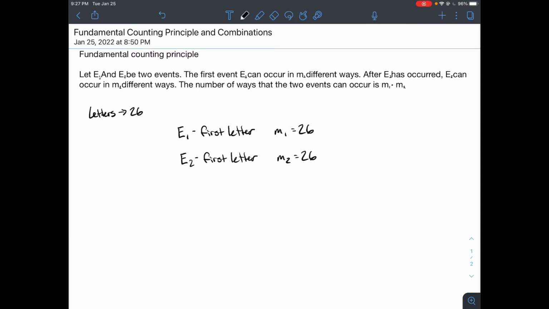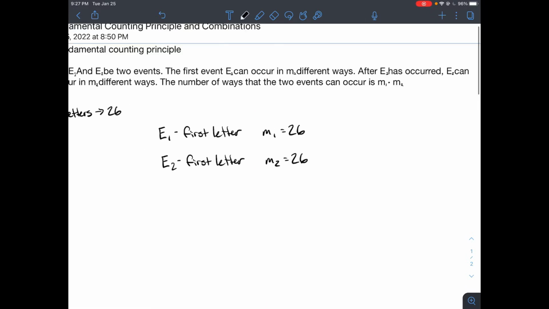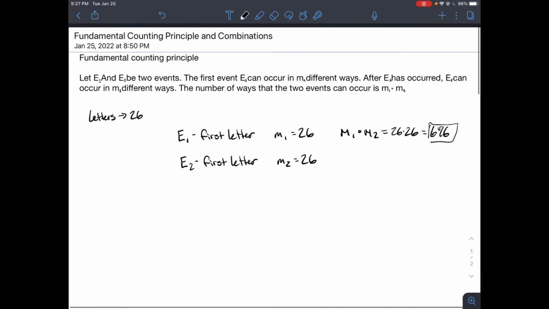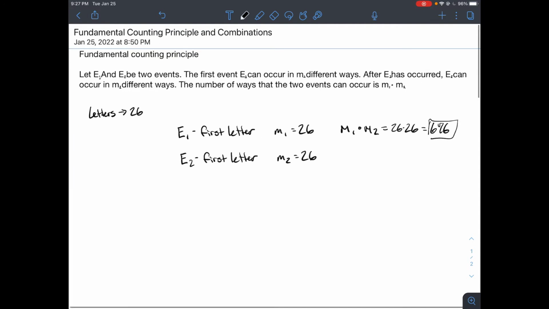And then based off the fundamental counting principle, this is equal to M1 times M2, which is 26 times 26, or 676. So there are 676 ways that we can order 2 letters inside the English alphabet.